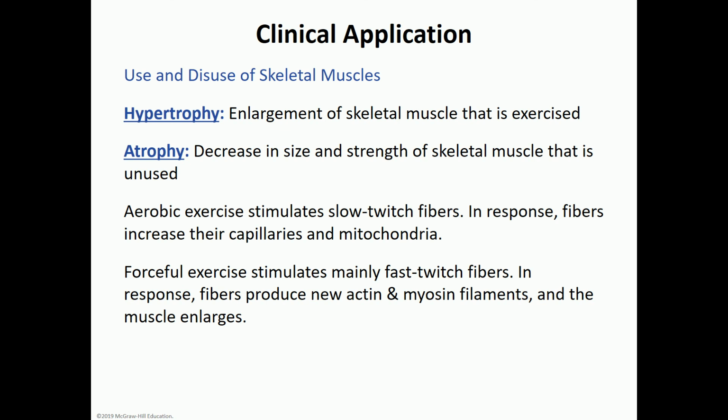The aerobic exercises are going to increase the capillaries, which increases the blood flow, and increase the mitochondria. Forceful exercise, so using weights and such, that can also produce new actin and myosin filaments, and that increases the ability to carry bigger weights, as time goes by.